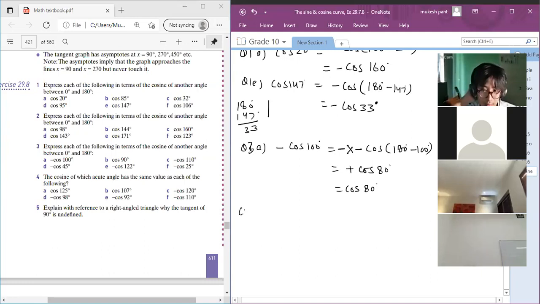After this, guys, try question number 3E: minus cos 122 degrees. Question number 3, guys, understood? Don't get confused because of the minus sign at the beginning of the question.